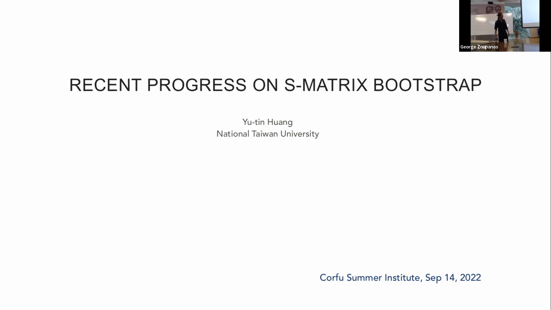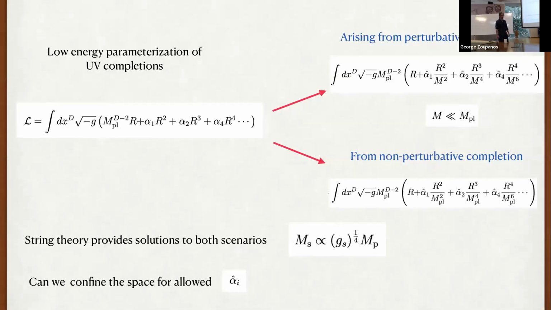But in this talk, I will mostly focus on its application to understanding and constraining quantum gravity. Particularly at the end of the talk, I will address whether or not the celestial approach can help us in trying to constrain this space more.